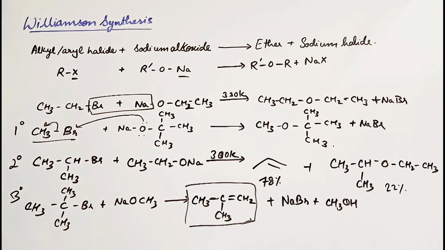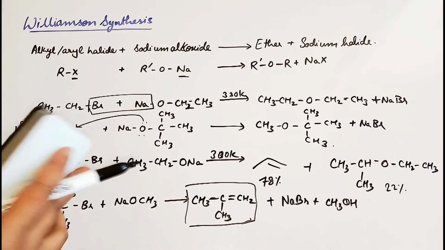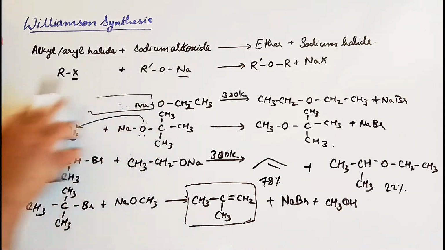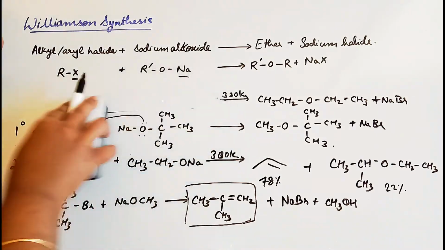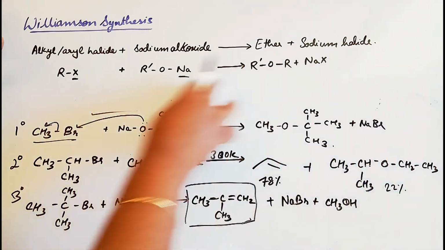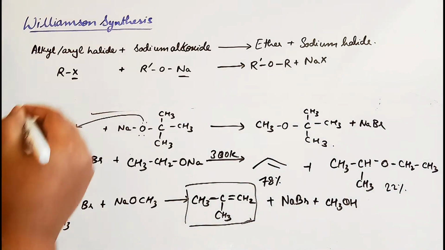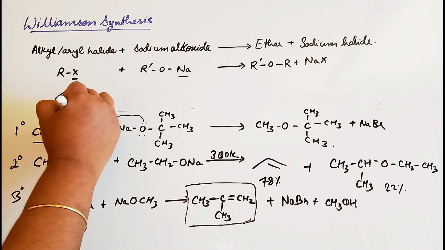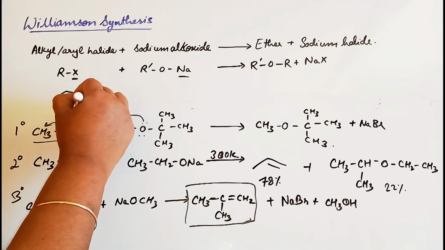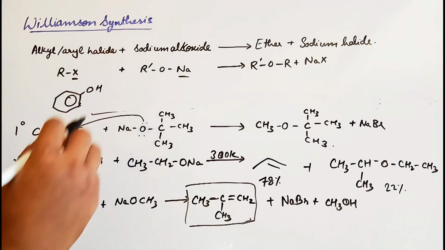Now, this reaction can also be used for the synthesis of aryl ethers. I don't have space, so I'm just going to erase this part. So basically, you have phenol. Phenol is also going to undergo Williamson ether synthesis.